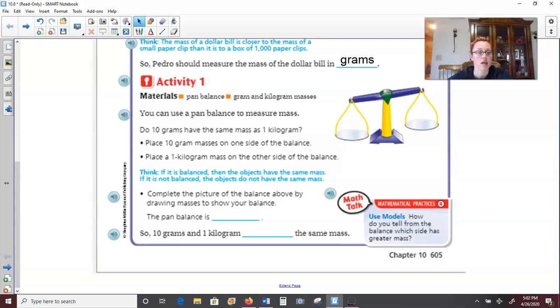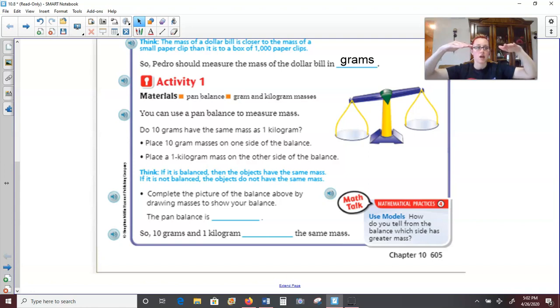So if you place an apple on each side of the scale, about the same size apple, same type of apple, it should weigh about the same. So that means our scale would level out. It would be balanced.